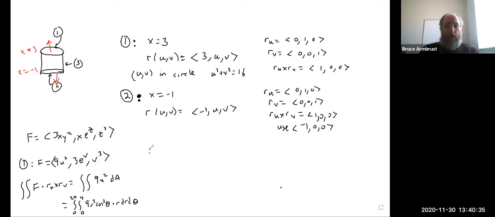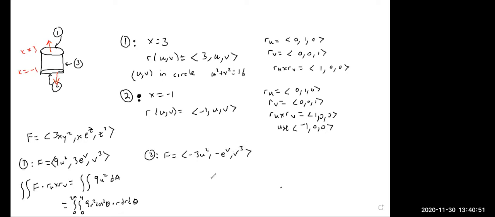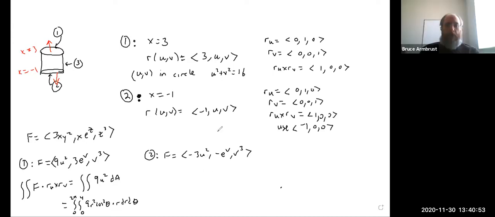All right, so for surface number 2, this one, the field vector is going to be minus 3u squared, minus e to the v cubed. Now I'm plugging in minus 1. But now I need to dot that with minus 1, 0, 0.